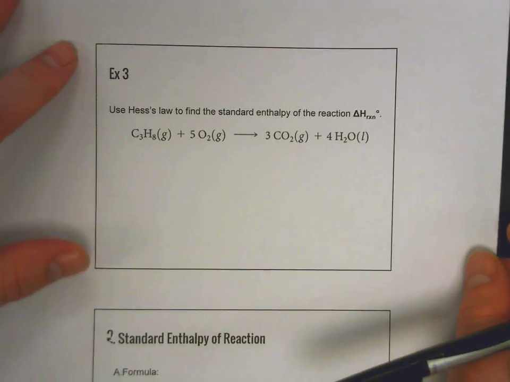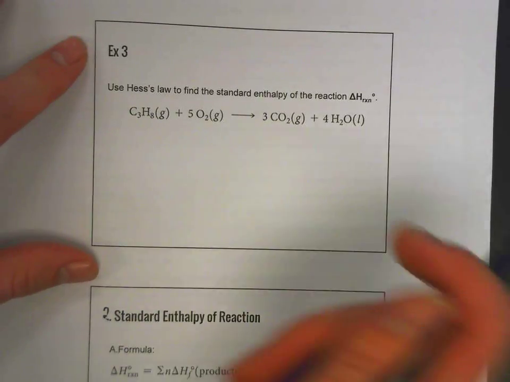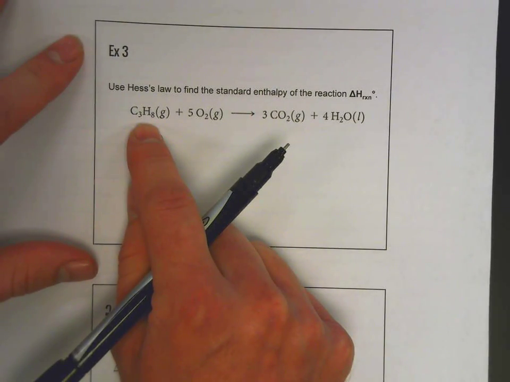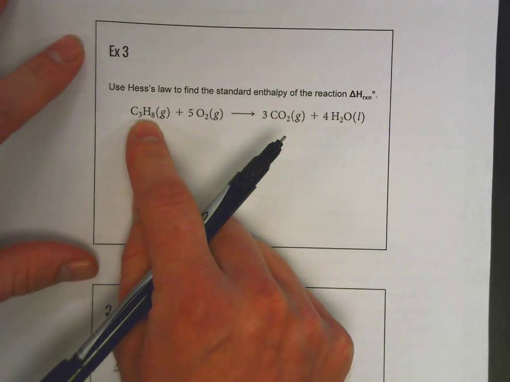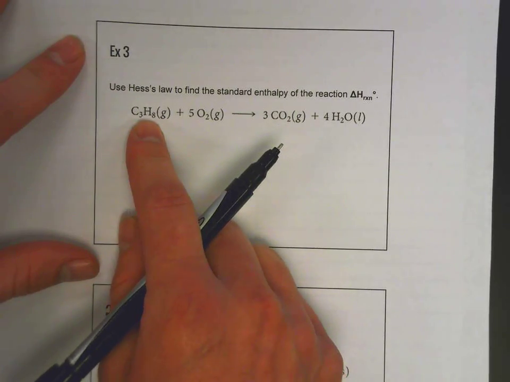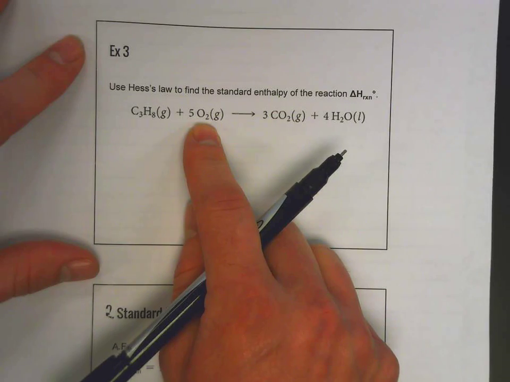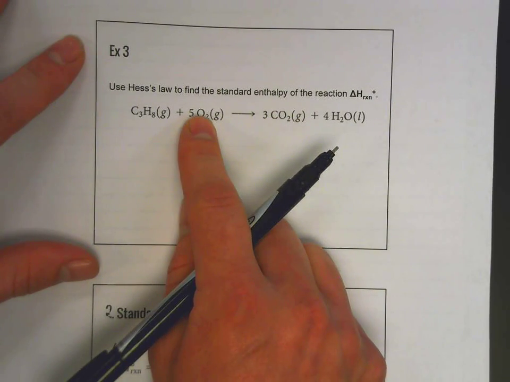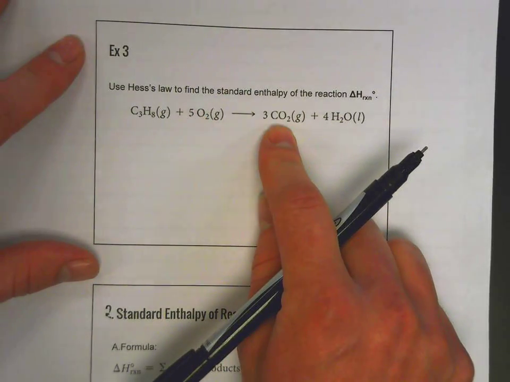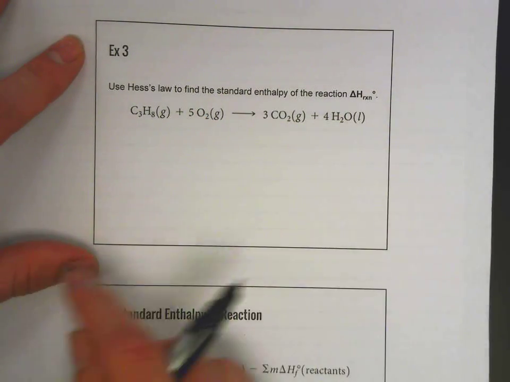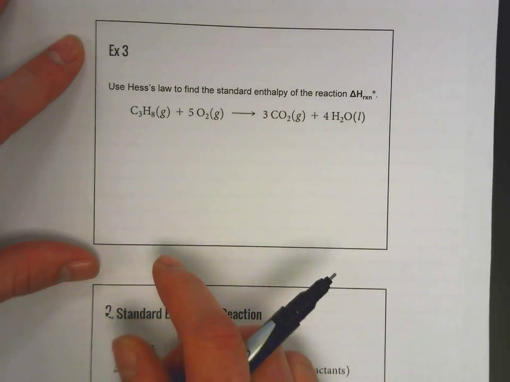So, for instance, we could look at the formation of this compound, C3H8. We could look at the formation of O2, or O2 is already an element, so we wouldn't need to do the formation for that. The formation of CO2 and the formation of H2O. Let's write each of those down.